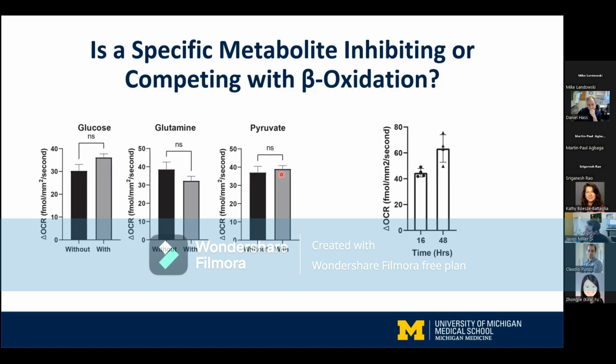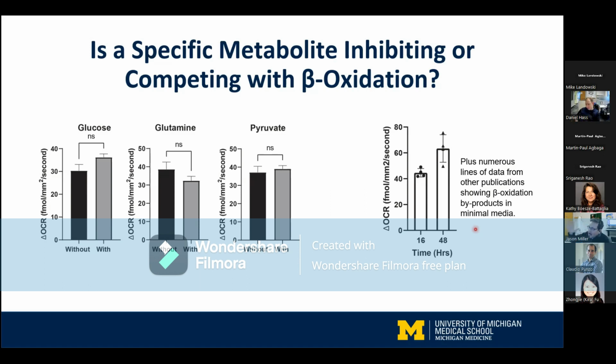But just to emphasize again, if we wait longer in culture and we spike in palmitate, if we wait 16 hours, we get a certain OCAR spike. If we wait 48 hours, we get an even higher OCAR spike. And just to make the point that there's lots of other data out there, including from Kathy and Nancy and others, that have shown that you definitely can see an OCAR spike when you add in fatty acids in a minimal media, like a Ringer's type solution with just some glucose around, for example.